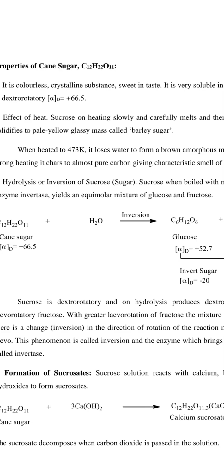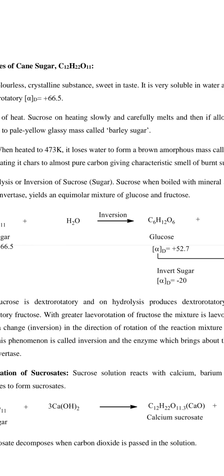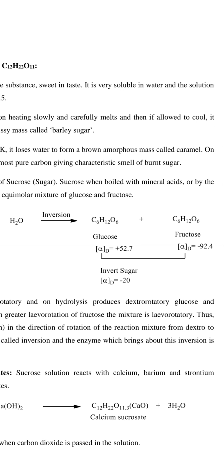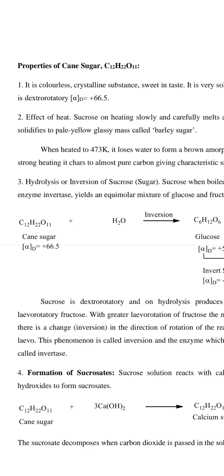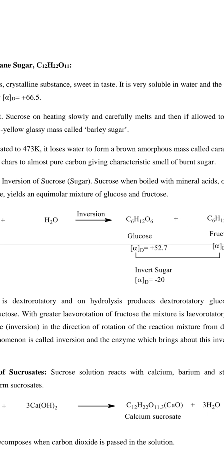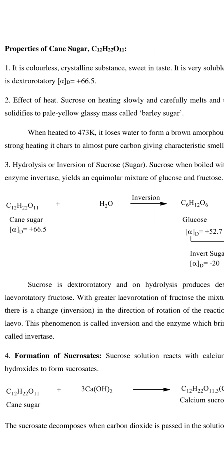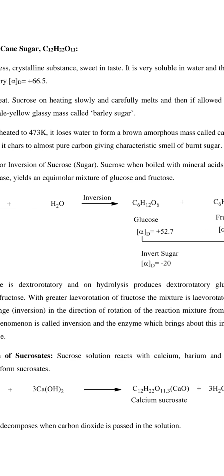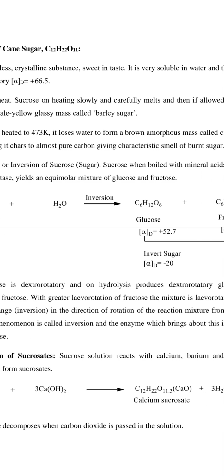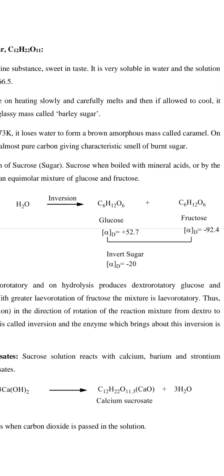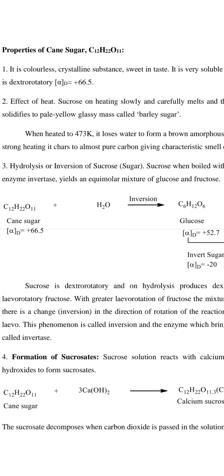Now, hydrolysis or inversion of the sugar. Sucrose, when boiled with mineral acid or by the enzyme invertase, yields an equimolar mixture of glucose and fructose. That means it is a disaccharide. So sucrose is dextrorotatory and on hydrolysis produces dextrorotatory glucose and levorotatory fructose. You can see the dextrorotatory glucose and levorotatory fructose.